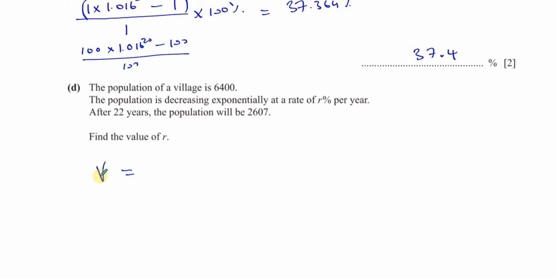So the value of the population is going to be, in this case, we have the original population. This is the new value V. The old value is P. You multiply that by, now if it's decreasing exponentially, first of all we know it's going to be a compound percentage, and if it's decreasing you do 1 minus instead of 1 plus like we did here.